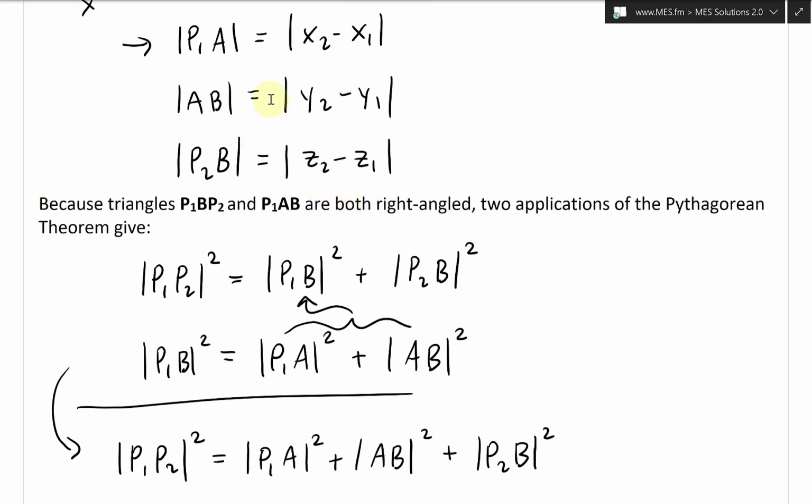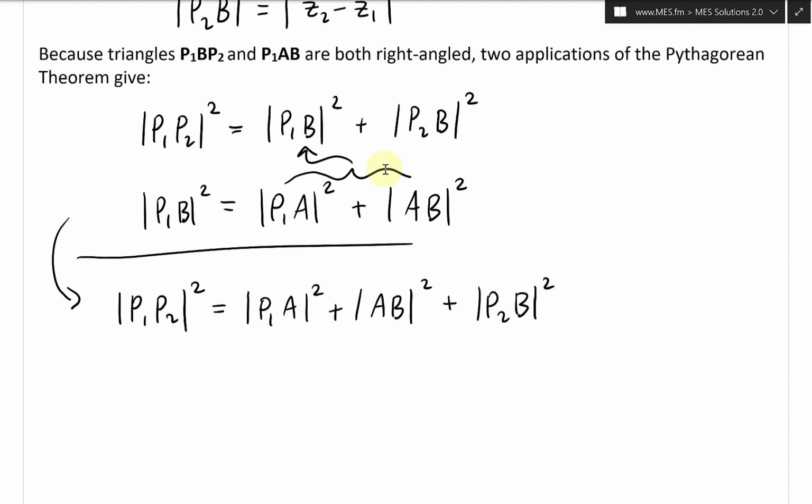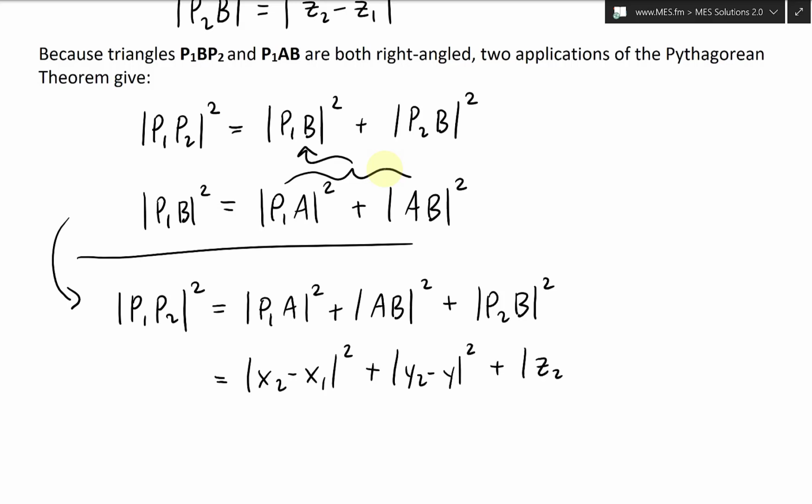AB is y2 minus y1, and P2B is z2 minus z1, and that's all squared. So we could write this as equaling the absolute value of x2 minus x1 squared, plus y2 minus y1 absolute value, plus z2 minus z1 squared.